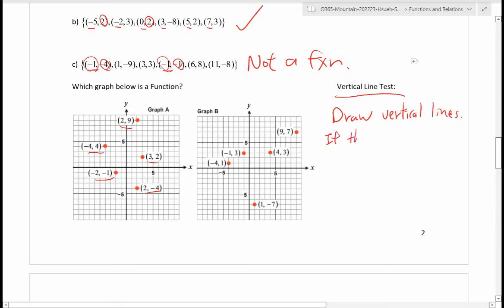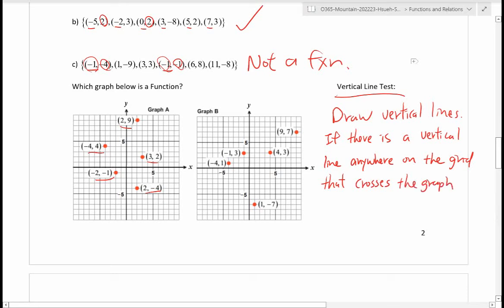If there is a vertical line anywhere on the graph, on the grid, that crosses the graph more than once, then it's not a function.